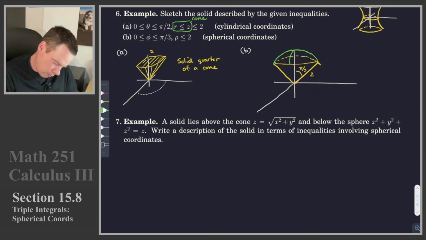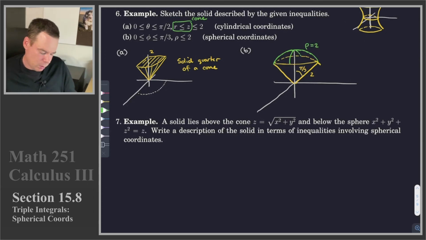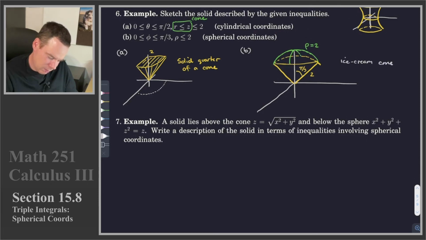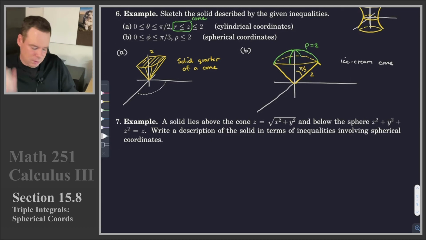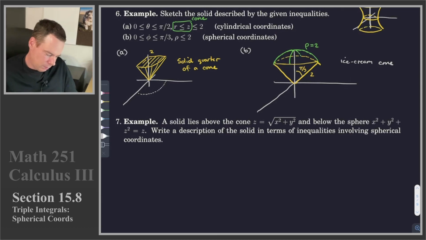And that's our rho equals 2 spherical cap. And so our region is all the stuff trapped inside these two surfaces. Maybe we'll call it an ice cream cone. It's got the cone itself and then the scoop of ice cream on top included in it.